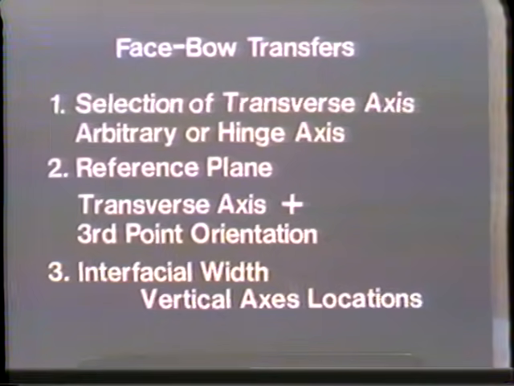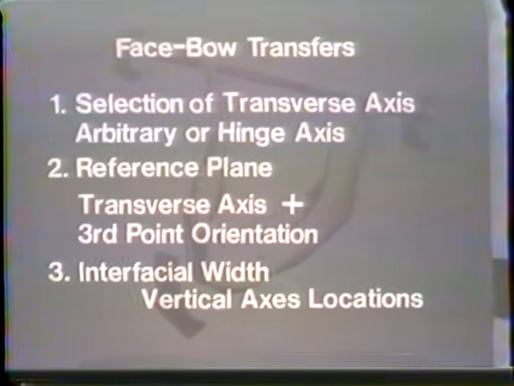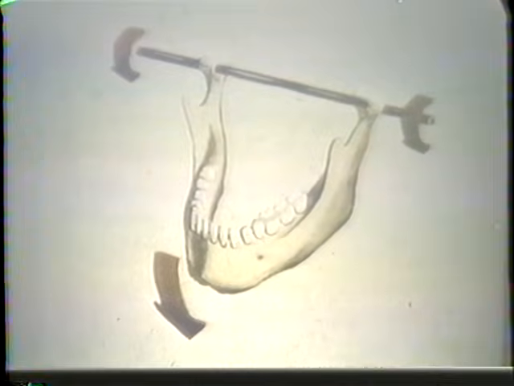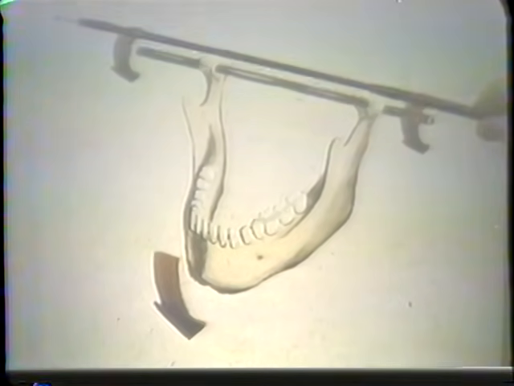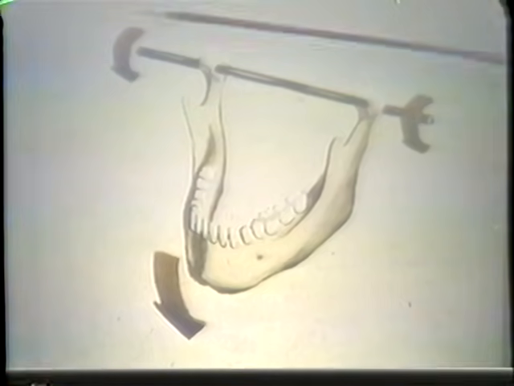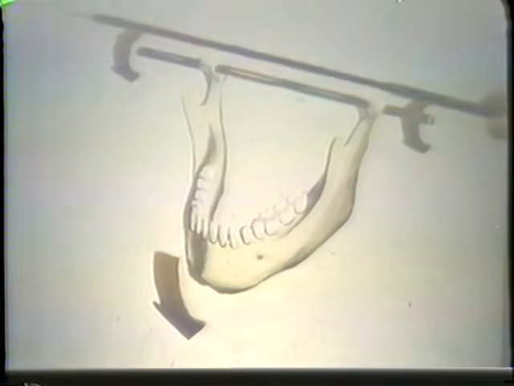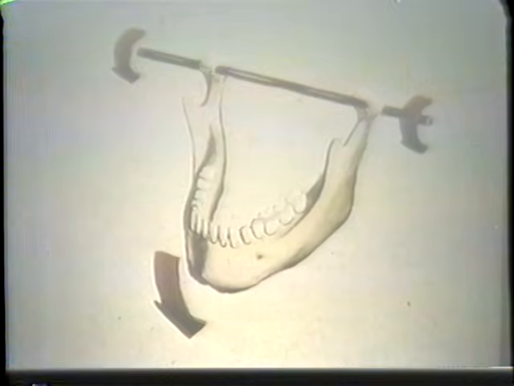Now, illustrating it a bit farther, we show here the transverse axis as might be represented through the condyles or near the condyles in the skull. This is an axis related to, of course, the maxilla.